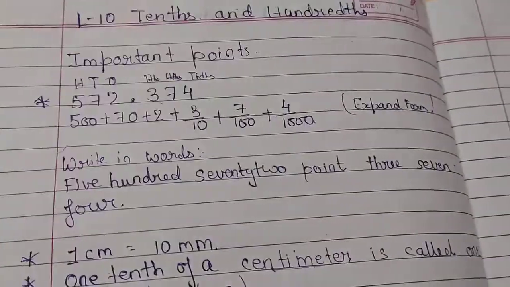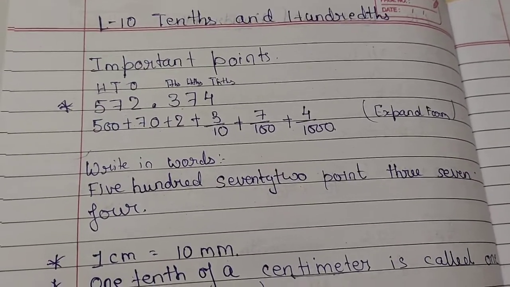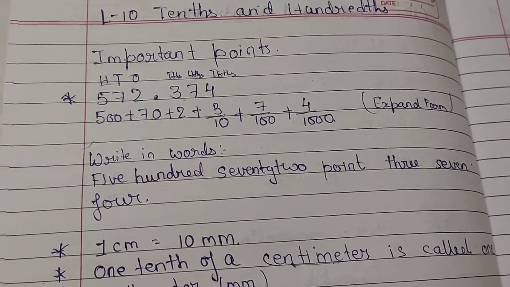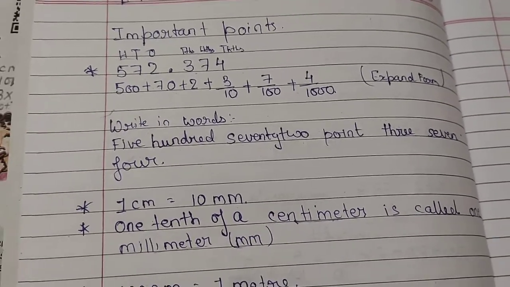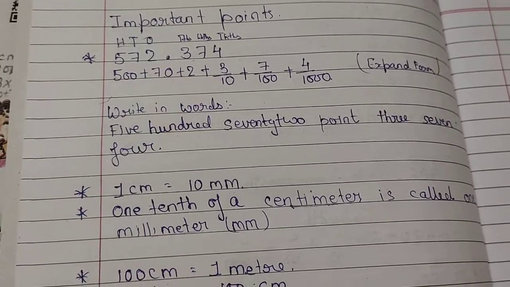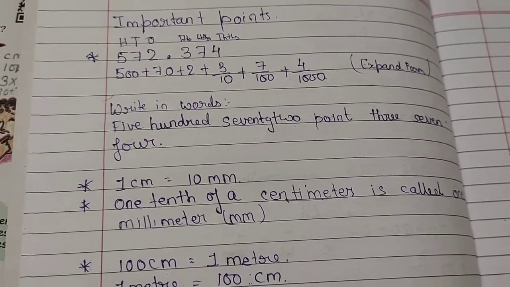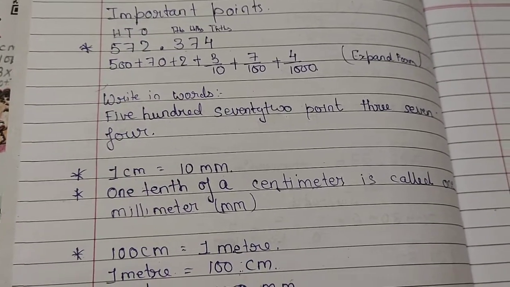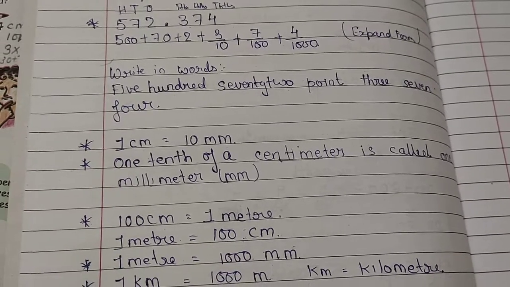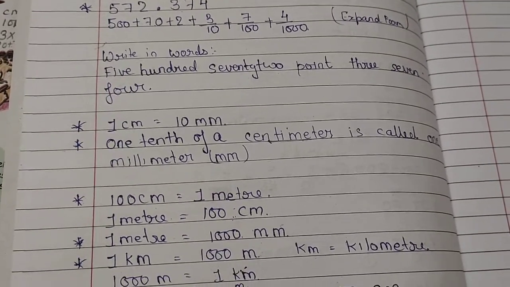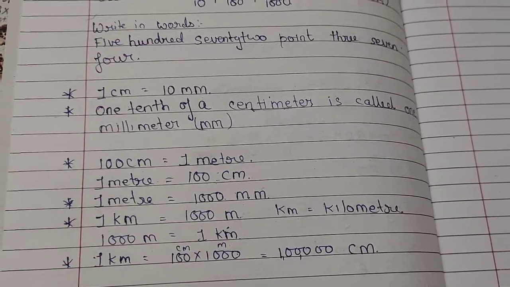In our previous video, we learned about important points related to the unit tenths and hundredths. We have written some of the points which describe the use of decimals and separating the numbers, and we also learned about the standard units related to measurement of distance like centimeter, meter, millimeter and kilometer.